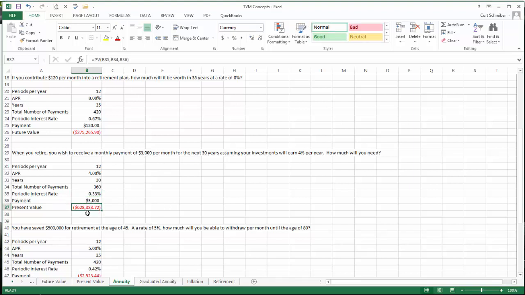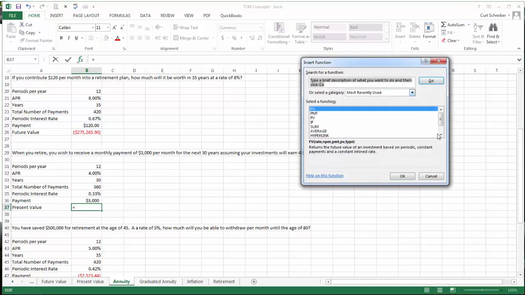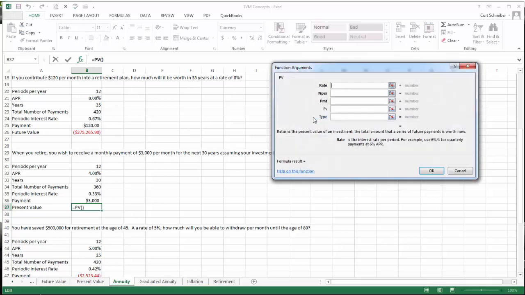$3,000 per month. So in this case, you will need $628,000 in order to retire and receive this $3,000 per month. So our calculation is going to be a present value calculation. Let's go ahead and click on our function arguments box and click on PV, or type in PV, hit enter 2 times.